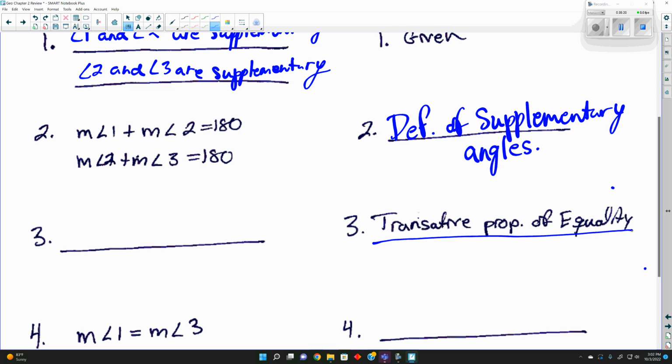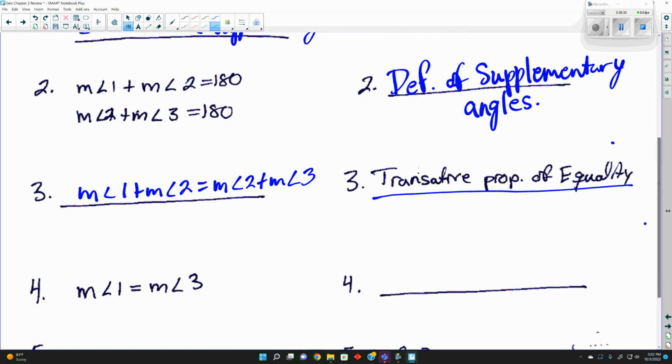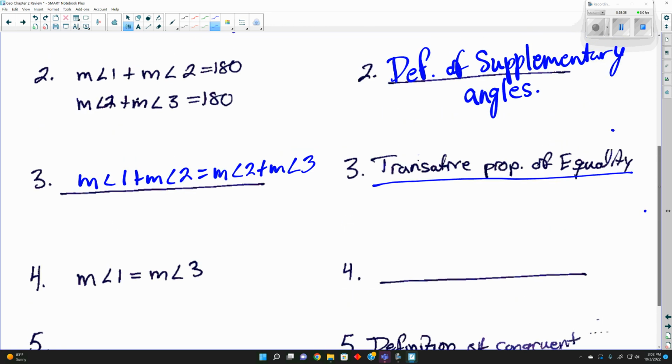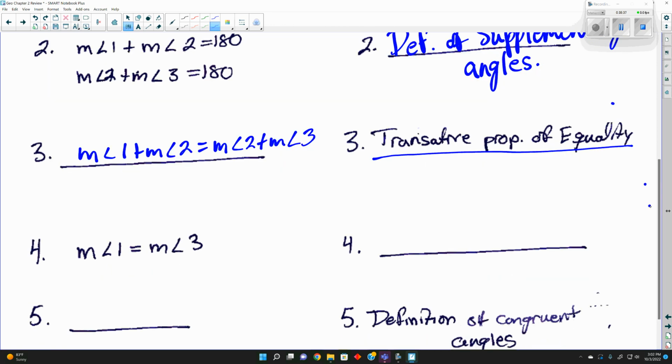Well, transitive property is taking two statements and making a new one. Measure of angle 1 plus the measure of angle 2. Well, we have the same thing on both sides, yes? And we took it away, so that's our subtraction.